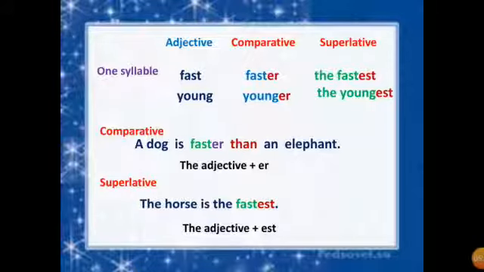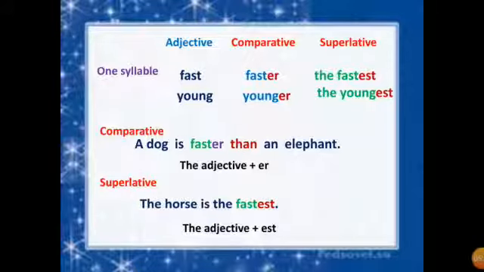And superlative. The horse is the fastest. We use the adjective and add est, and also the superlative form of the adjective takes the article the.